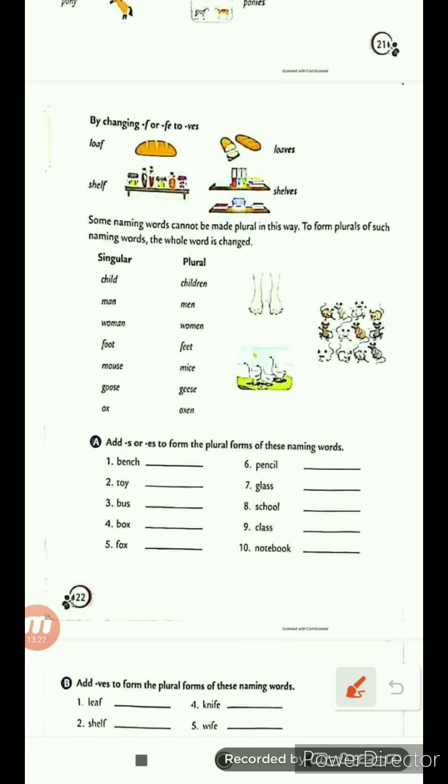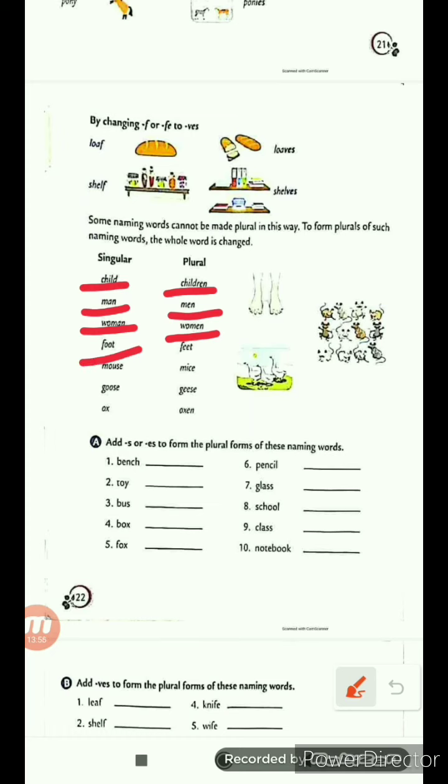Child is singular and plural is children. Singular is man, plural is men. Singular woman, plural is women.